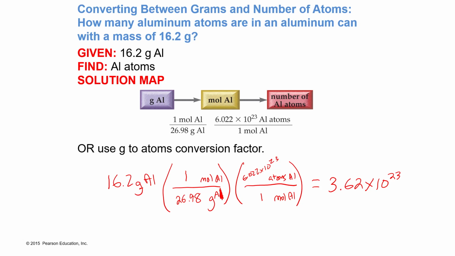And our unit is atoms, because grams crosses out, moles crosses out. We're left with atoms, and it was asking for atoms in the problem. So now, if you have a 16.2 gram aluminum can, you know how many atoms are in that aluminum can. Probably don't care too much, but it's really cool if you think about it.